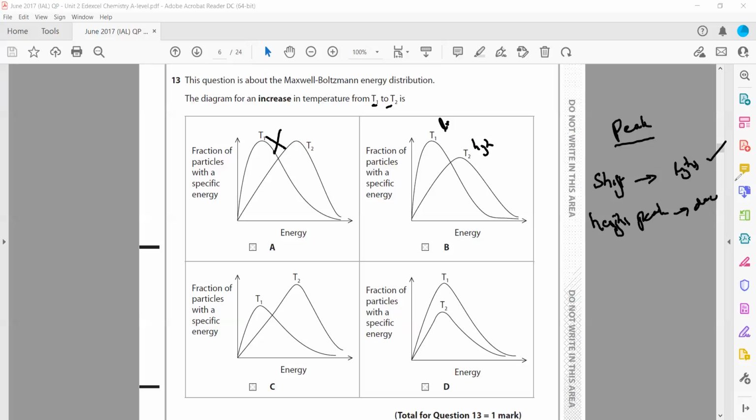And the height of the peak decreases, that is also true. So that's why B is the right answer. Why not C? The peak is shifted towards the right hand side, but the height of the peak is increased at high temperature. That's why it is wrong. And here the peak remains the same even at high temperature. The peak decreases here, but it does not shift. That's why the last option is also wrong.